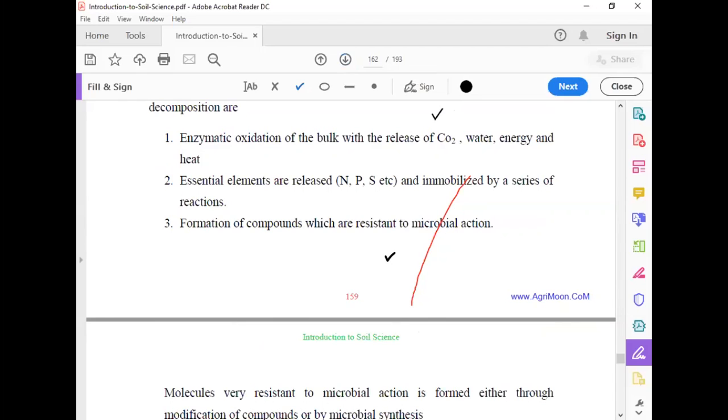The last part is the formation of compounds which are resistant to microbial reaction, that is known as humus. That leads to formation of humus, and that humus imparts black color to the soil.